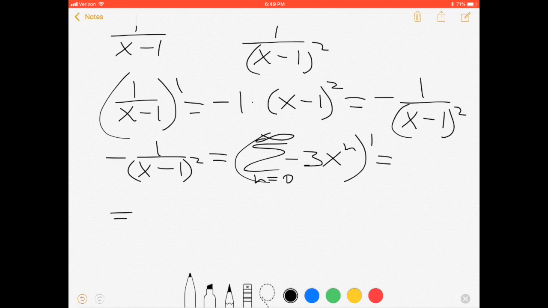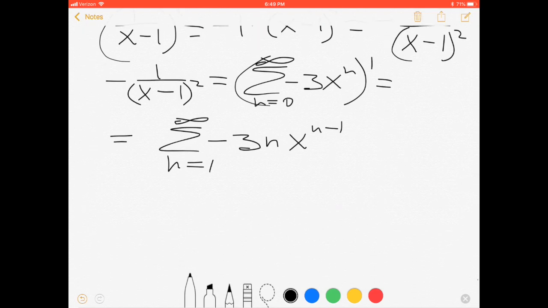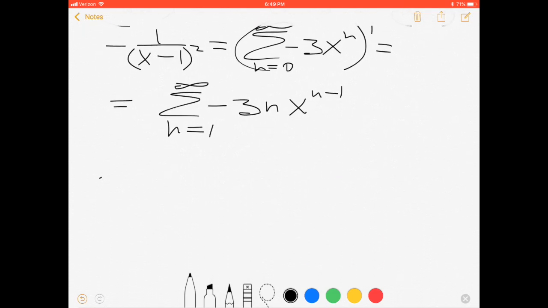Take the derivative, and it will be the series of minus 3n x to the n minus 1, starting with 1 to infinity. Great. And now we almost did it, because remember one more time, what is your function f(x)?